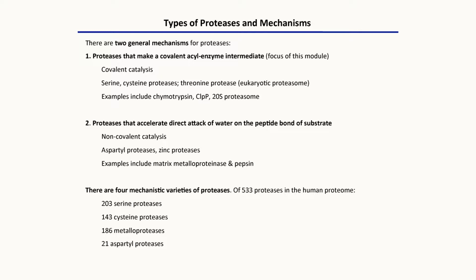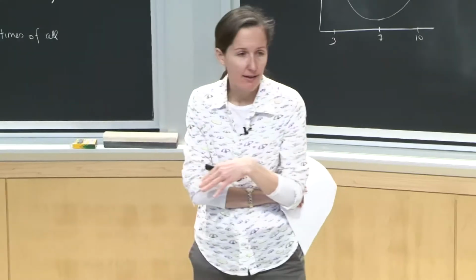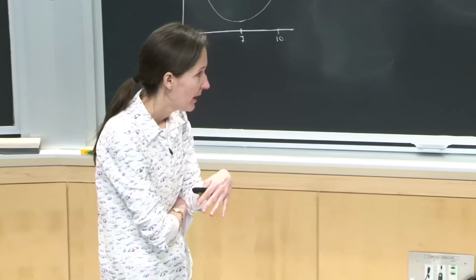The second general type are proteases that accelerate the direct attack of water on the substrate. Okay, so this is non-covalent catalysis. And the types here are aspartyl proteases and zinc proteases. There was a question a few lectures ago if there are metal-dependent proteases, and the answer is yes, zinc proteases. And we can also think about these from the standpoint of the acid and base catalyzed chemistry we saw before.